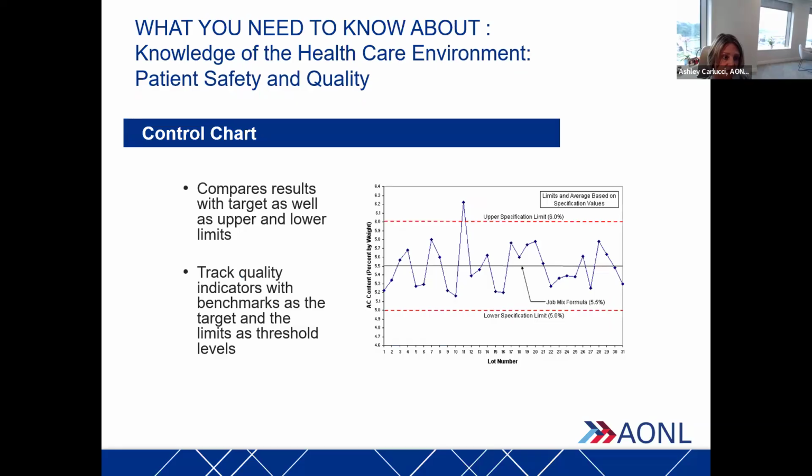And the next one is a control chart. Here are my quality friends. They usually like this control chart for quality, right? So it compares the results with target as well as the upper and lower limit.